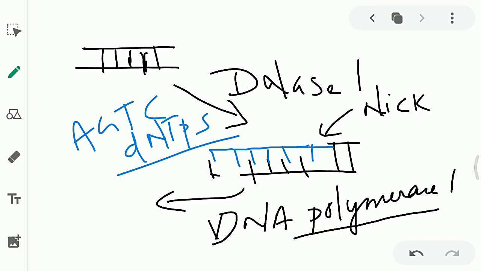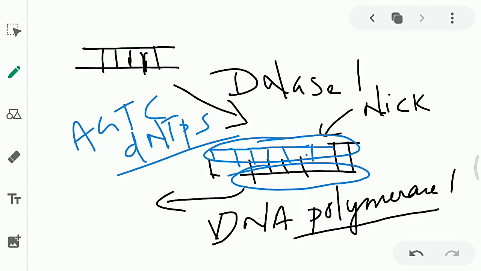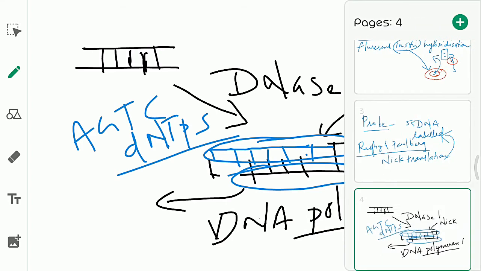So once this part is made again, they will incorporate these dNTPs which are labeled. That makes probes labeled. ये स्ट्रैंड भी नया बना सकते हैं और इधर भी नया बना सकते हैं. That particular part gets labeled. This is how the DNA gets labeled.